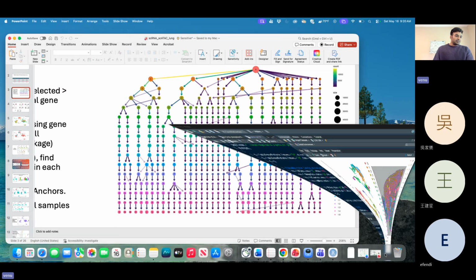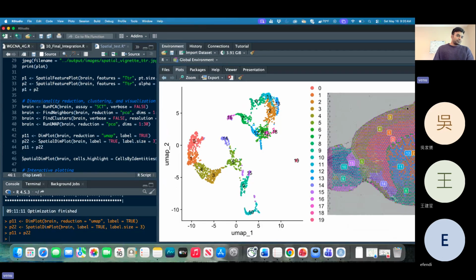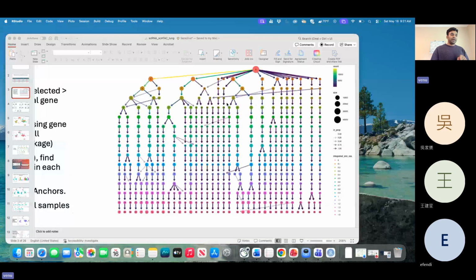I think the initial first step is it considers the entire thing as zero, so all spots are equal. Then in the second step, it looks into the top highly variable genes. It is a looping system. There is a parameter called resolution. If we want 0.8, it will run at 0.8. This is the first run.